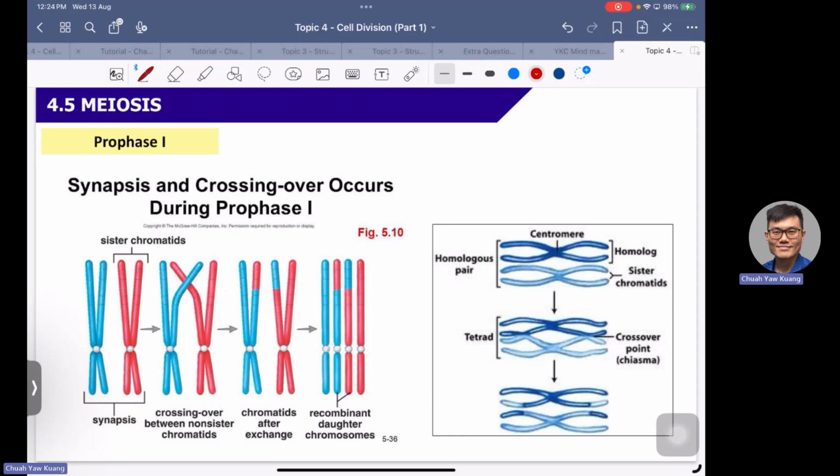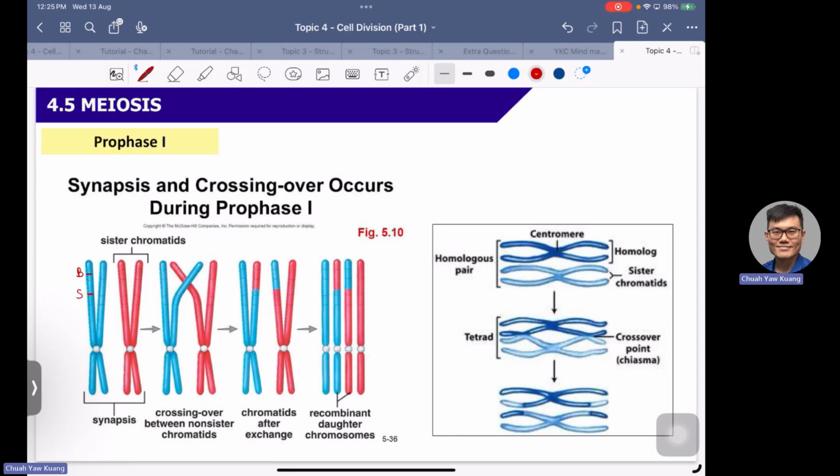How? For example, let's say your father has black and straight hair. Black hair and straight hair, both of these are dominant.